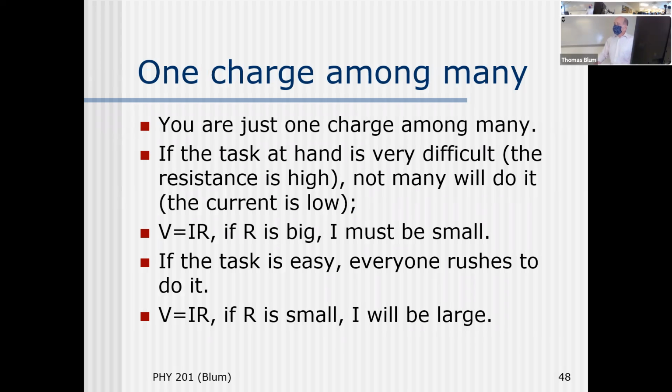Okay. So again, all of this talk about using up all your energy is about one charge, but the current is going to be made up of many charges. And so how do we talk about that? Well, if the resistance is big, if it's a hard task, then not as many charges are going to go perform it. So then the current will be low. And if it's an easy task, then everybody volunteers to do that task and the current will be large.